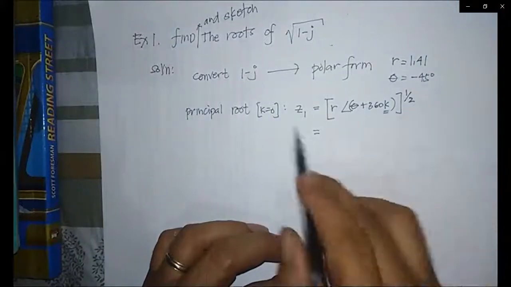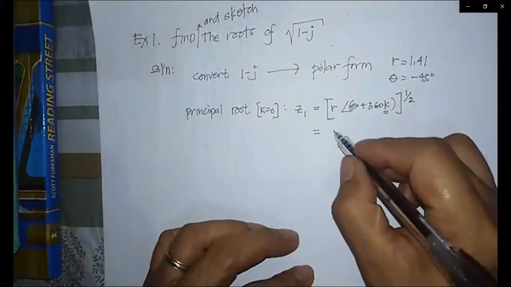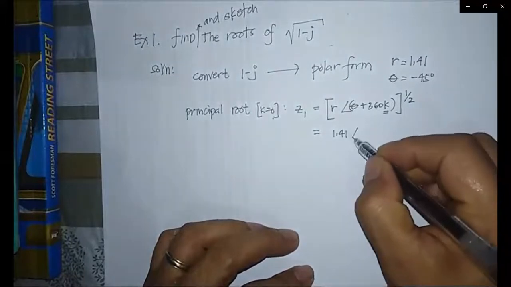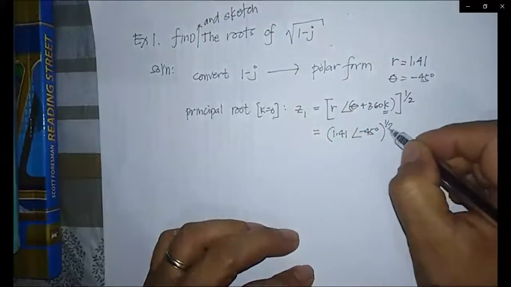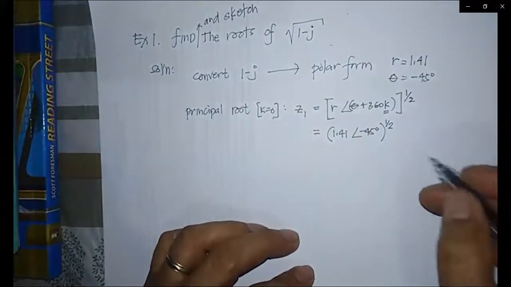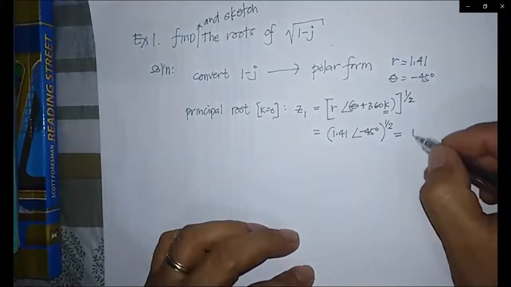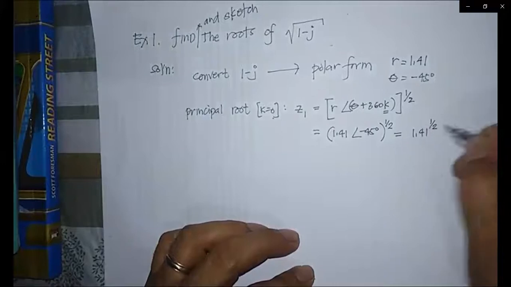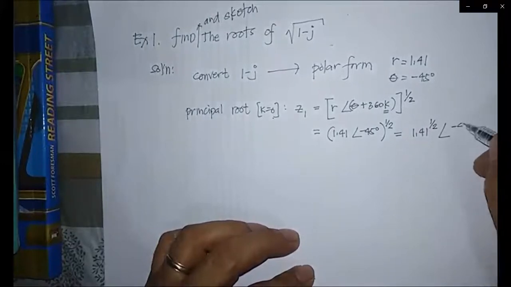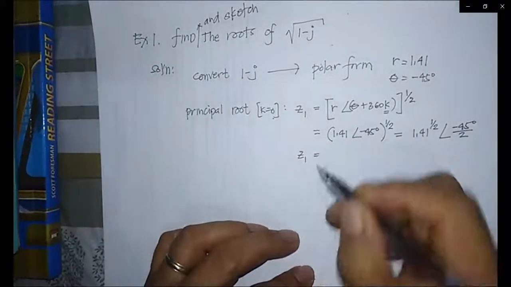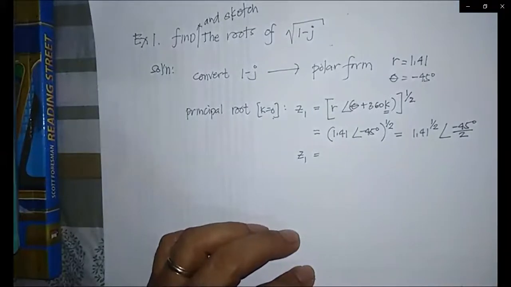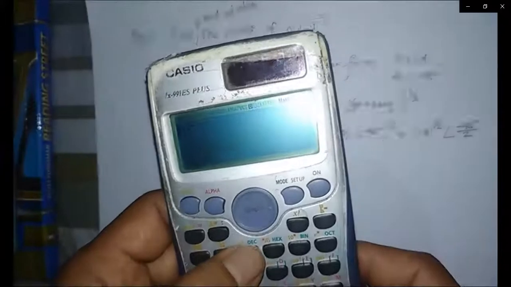So after substituting the value of r and k, take note k is equal to 0, that becomes 1.41 angle of negative 45, raised to, of course, the power of 1/2. Now, using your calculator, you can solve the square root of 1.41, that can be written as 1.41 to the power of 1/2, and you can also divide the negative 45 angle by 2.